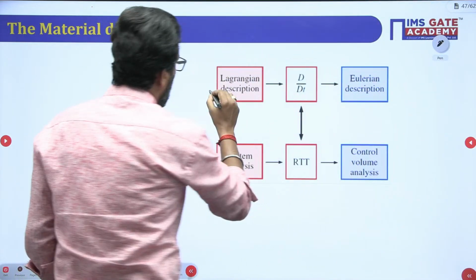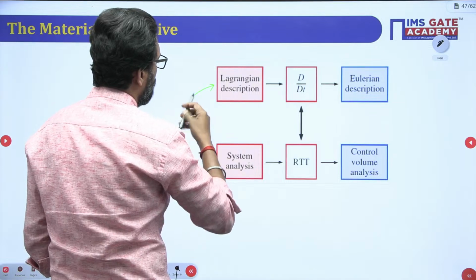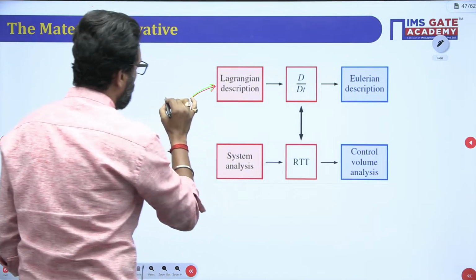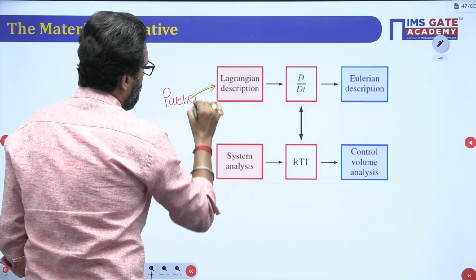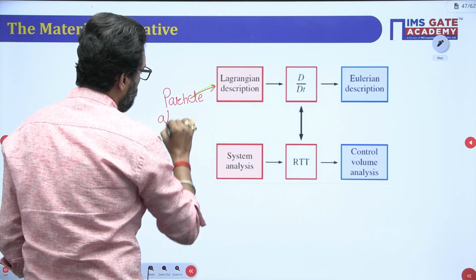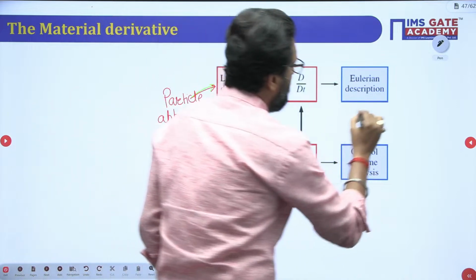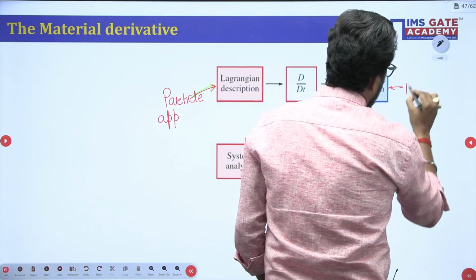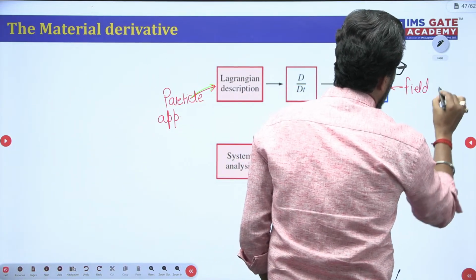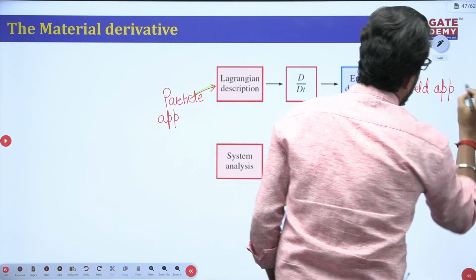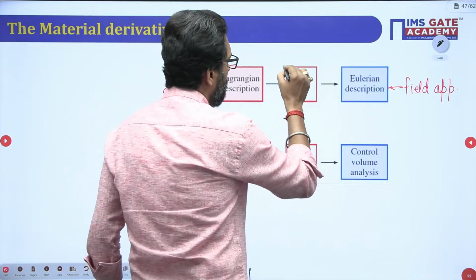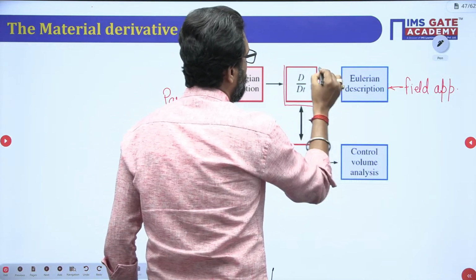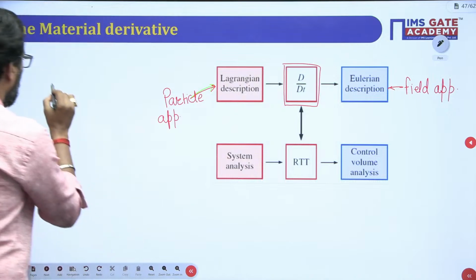So if you convert the particle approach to the field approach, the essential tool is the material derivative, d by dt. What is the material derivative? We already discussed.